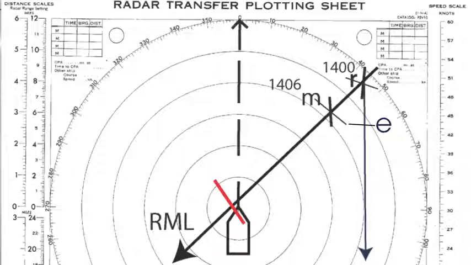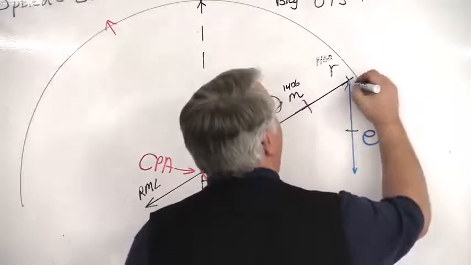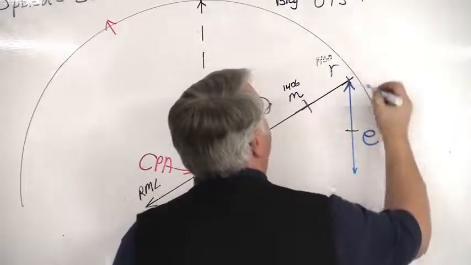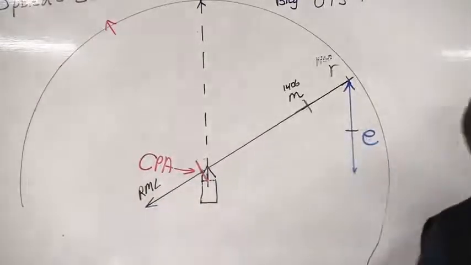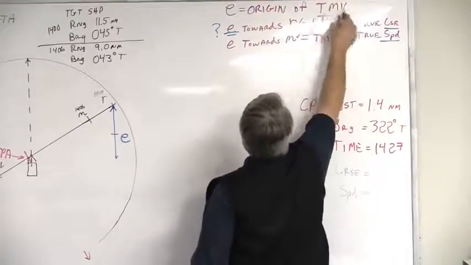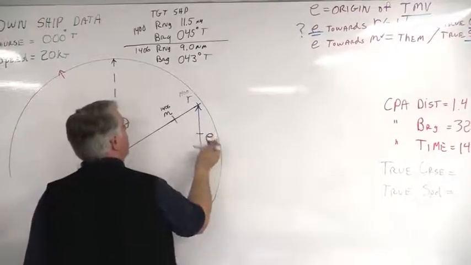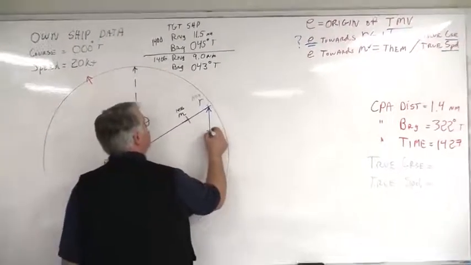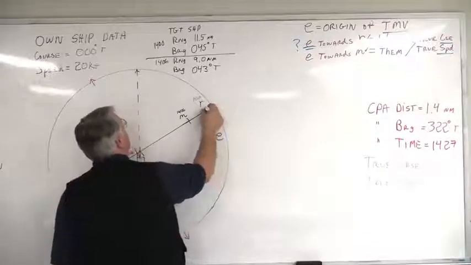Now, if you watch up here for a second, once you draw this, I want you to step back from it and look at it and say, okay, is this true? E towards R has got to represent our course and speed because it's a true motion vector. So if I look at this right now and I go E towards R should represent our course, and does it?